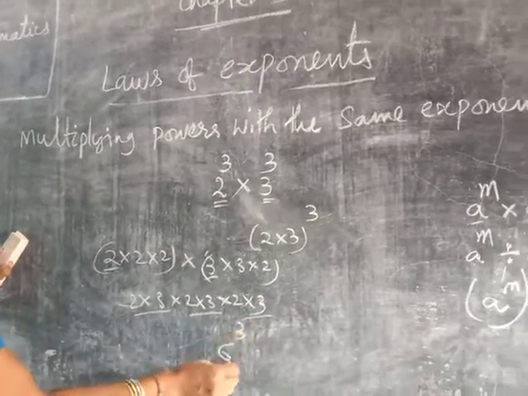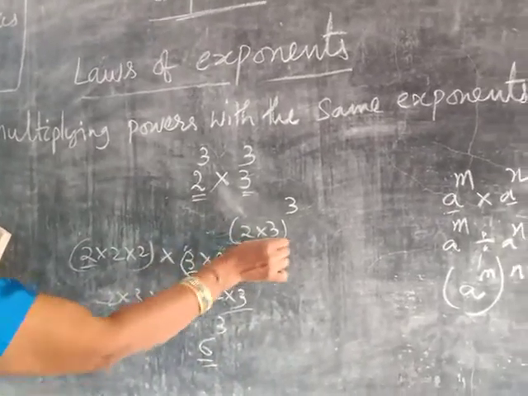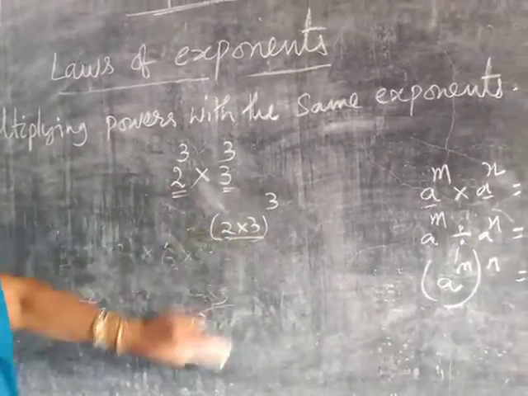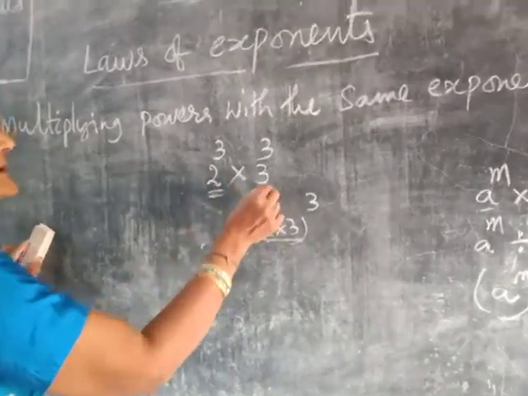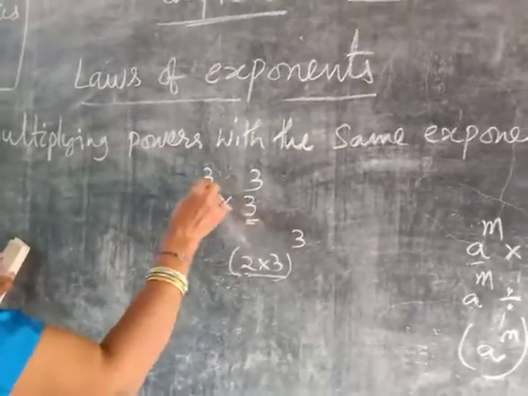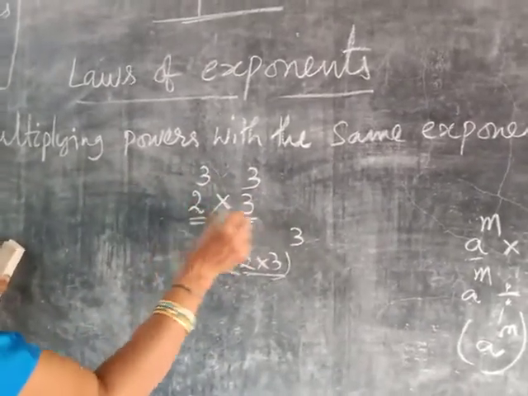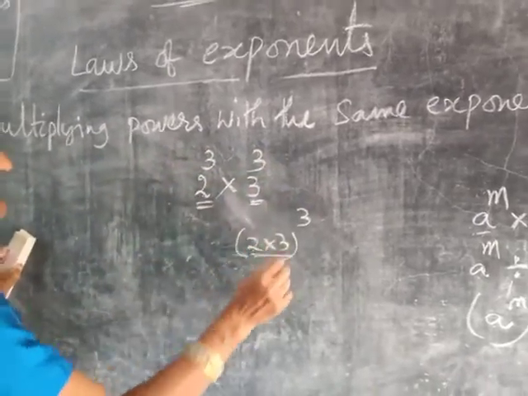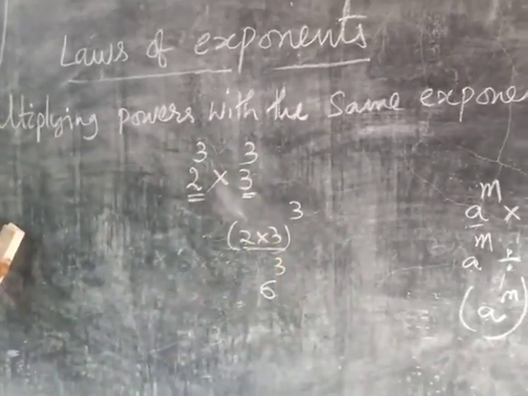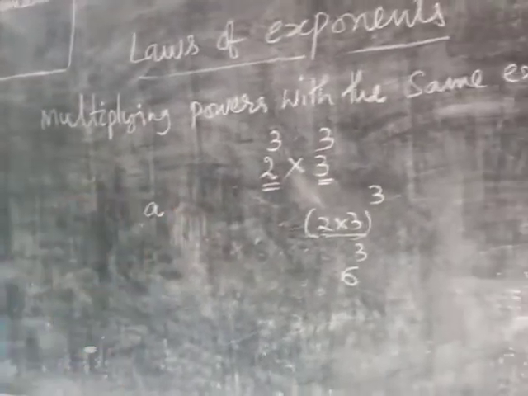How will 6 come? You have to multiply these two. Do you understand? So what is the easy way? If the bases are not equal and the exponents are equal, you multiply the bases and write the exponent once. So 2 times 3 is 6, 6 cube. Do you understand now?